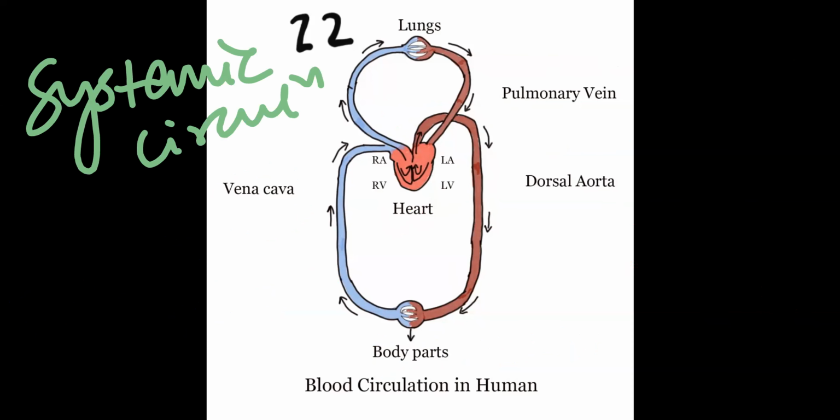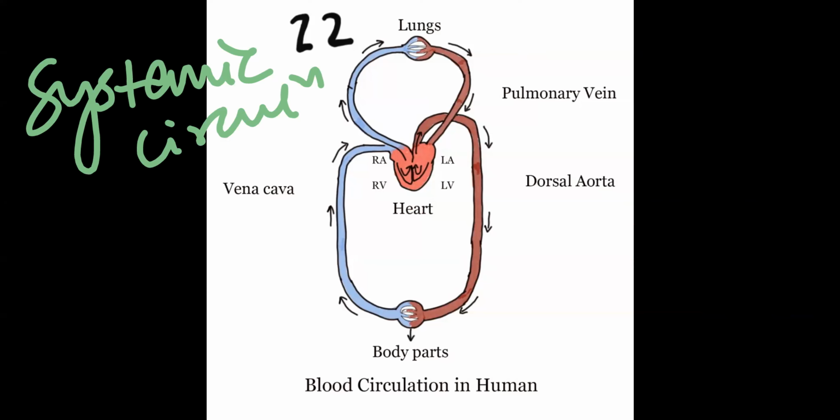Systemic circulation. Tell me, from the left ventricle, what arises? Dorsal aorta. Which arteries arise from the dorsal aorta?